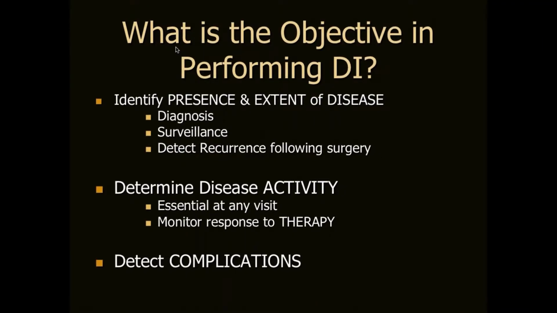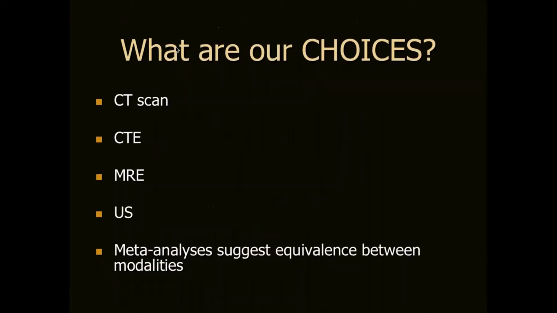And then the next thing that we do routinely, of course, is to determine disease activity. And this is essential at every visit. And we also monitor the response of the patient to therapy. And lastly, what we're going to look at this morning is looking at detecting complications of Crohn's disease.